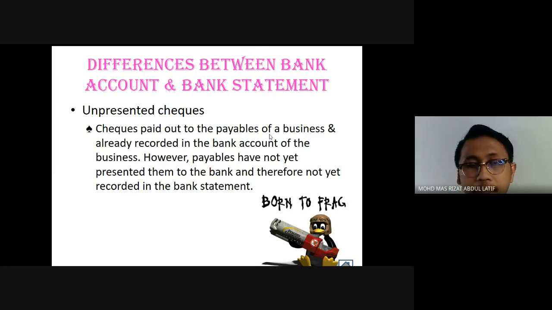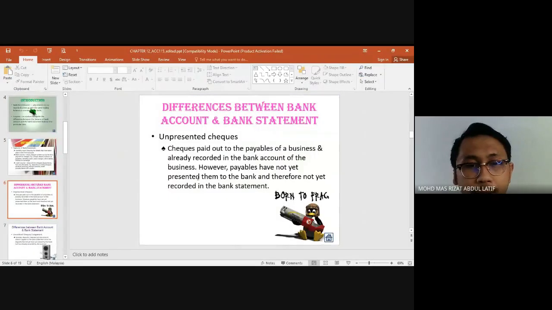Yang kedua, kita nak tengok macam mana kita nak baca this bank statement and bank account ni concurrently. Macam ni kita boleh baca dia serentak. Cuba kita tengok. At the first one, dekat bank statement, ada cash deposit on 3rd March, 6,000 ringgit on the credit column. Betul? Boleh nampak?